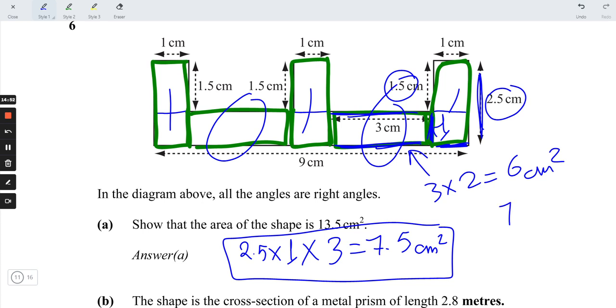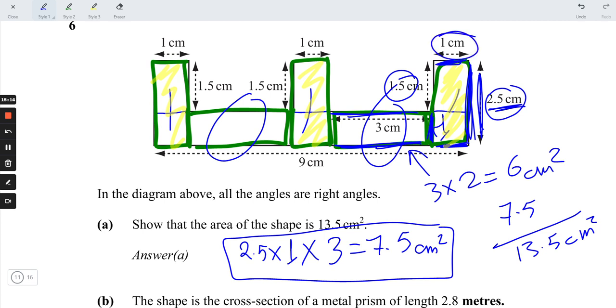Add it to 7.5, you will get 13.5 centimeters squared. So the idea is easy. First, find the area for this rectangle here, this one, and this one. The lengths are clear. This is 2.5, and the width here is 1 centimeter.